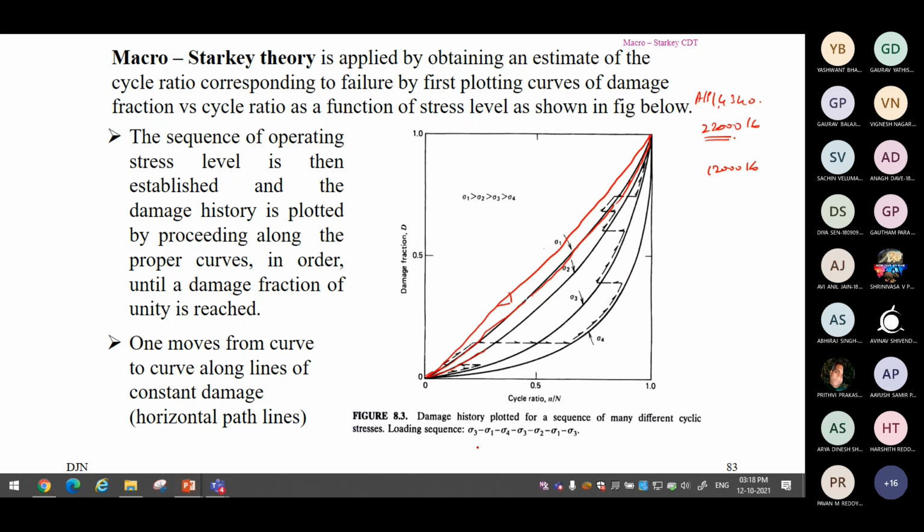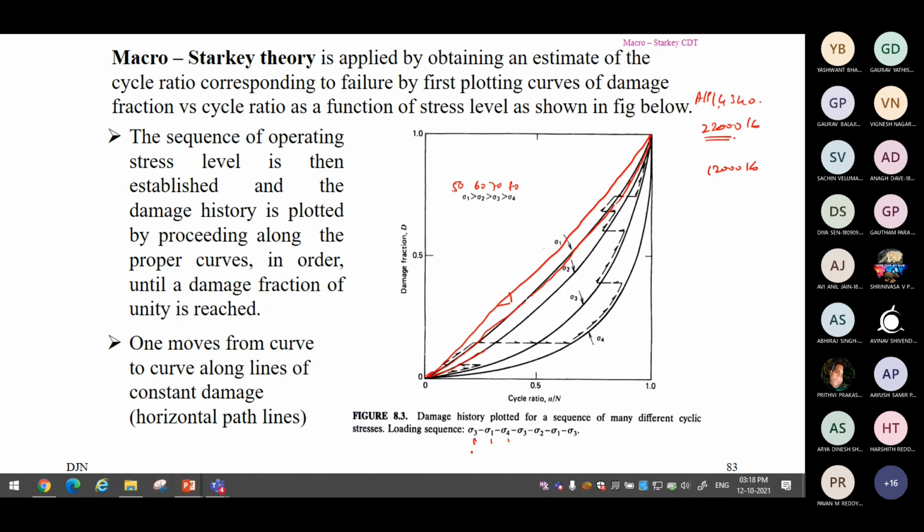And then construct this arrow-marked curve. This curve shows the sequence of applied load. Here four magnitudes are there: sigma 3, sigma 1, sigma 4. In this sequence, the load is applied. Maybe you take this as 50 ksi, this could be 60 ksi, 70 and 80 ksi. On the component, first sigma 1 is used, then sigma 3 is applied.